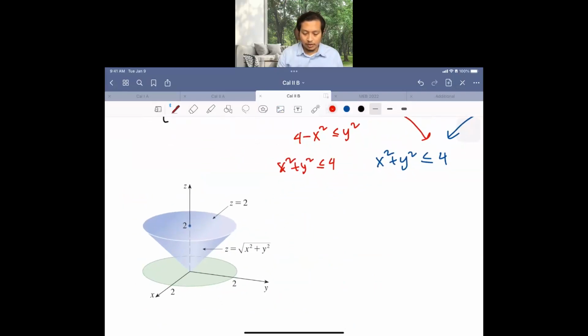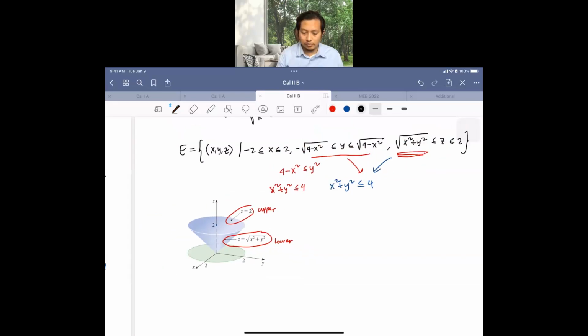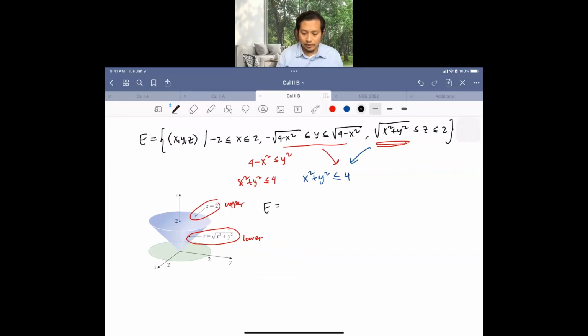We see that this will be the lower surface, and this would be the upper surface, right? And then we could exchange to r, theta, and z.